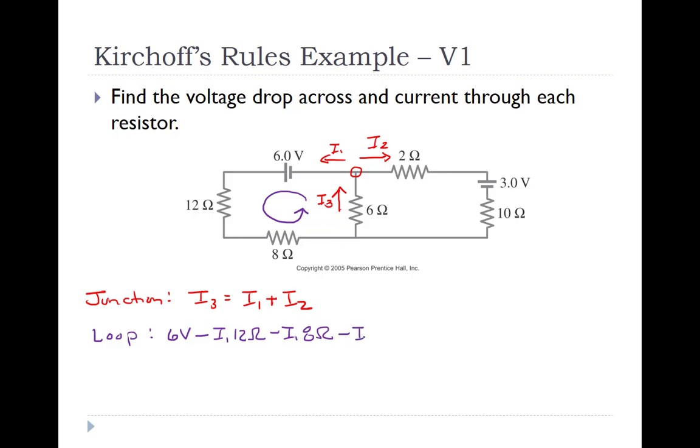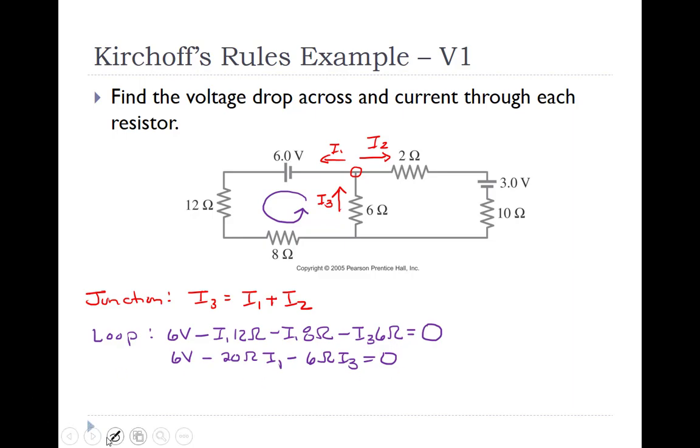So that's minus I3 times 6 ohms. That will bring you back to this upper junction. I'm going to turn, head back to my battery, which is where I started, so I'm going to let that equal 0. I can now simplify this. I have an I1 times 12 ohm and an I1 times 8 ohm. That is going to be 20 ohms I1 minus 6 ohms I3 equals 0.